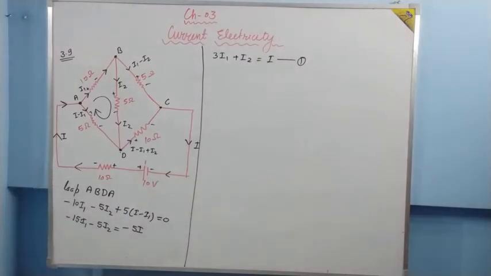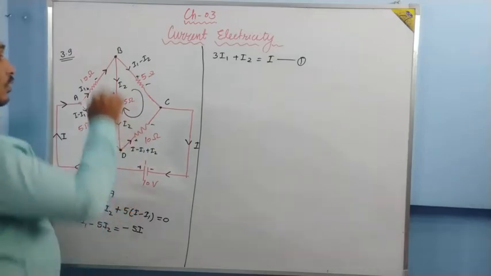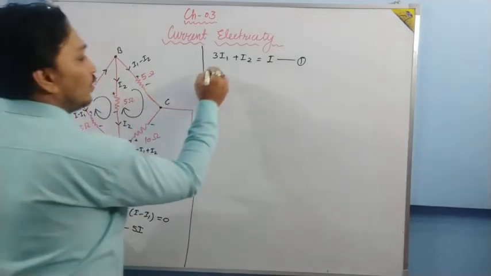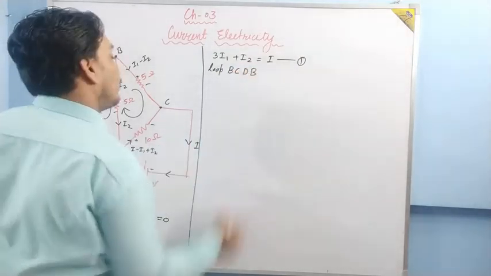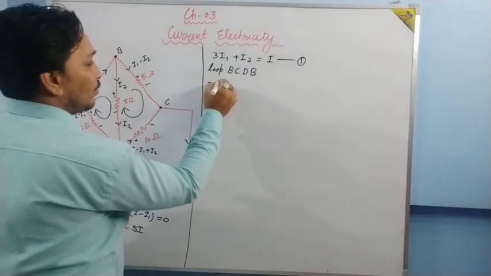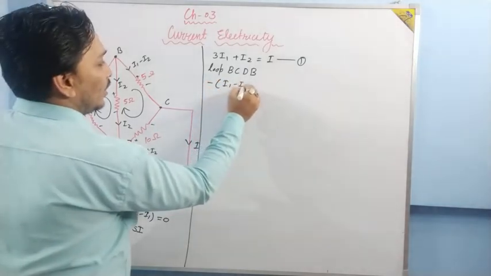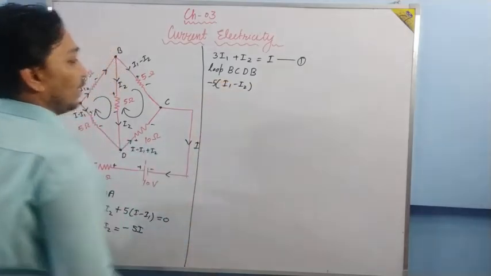Let this be your equation number 1. Okay. Now we are going to take second loop. This loop BCDB. When we go B to C, we are going plus to minus. We should write minus I1 minus I2 into 5. So basically let us write 5 here.